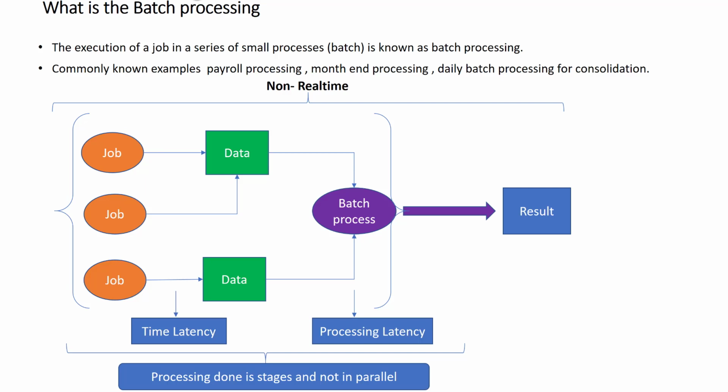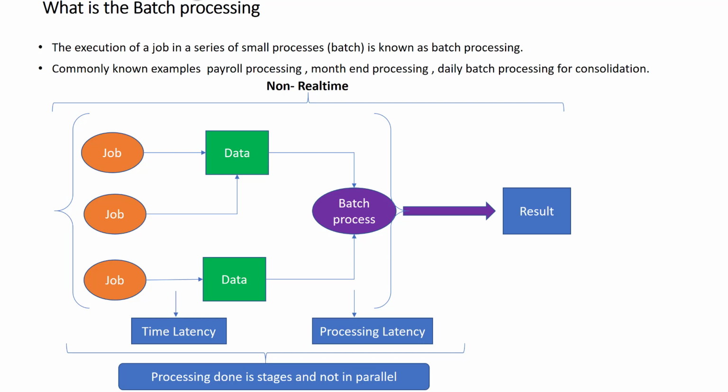Between the job and the data, there will be some sort of time latency because of the transportation layer, because of how the jobs are being done, or other factors that would delay the actual data processing, or getting the data into the data processing zone. And when the data lands in that batch processing zone, there are also processing latencies, because traditionally batch processing is done at a sequential level instead of parallel.